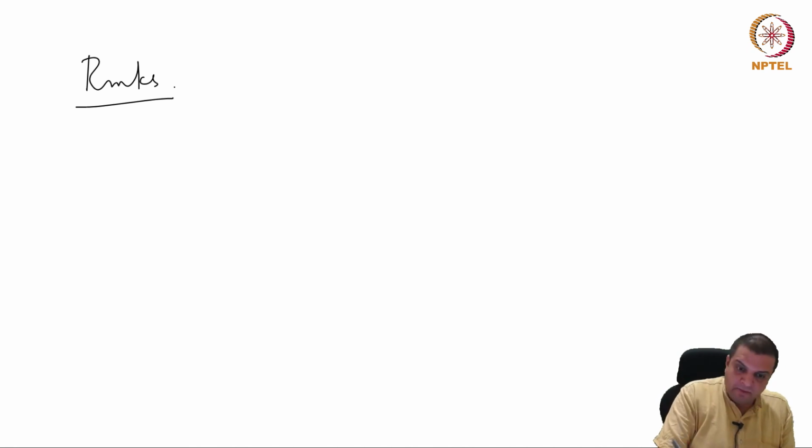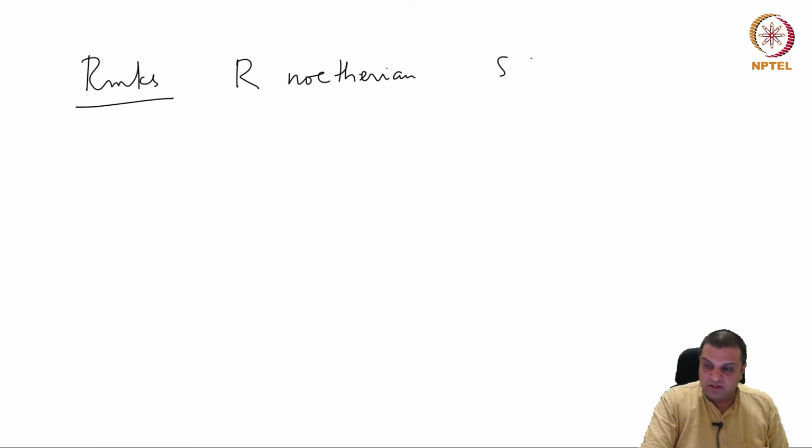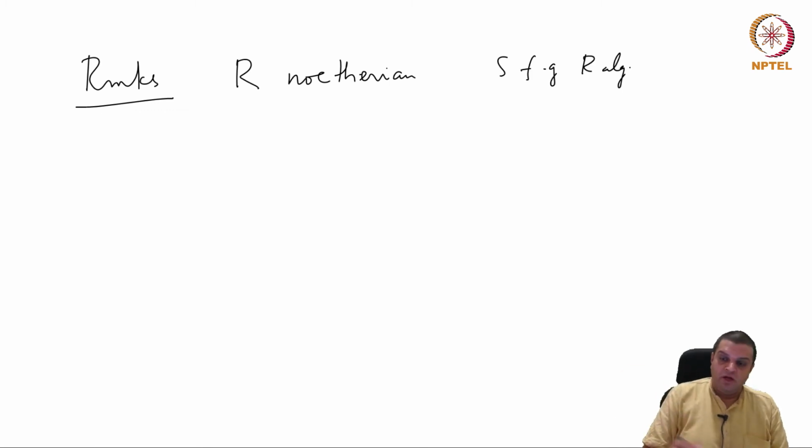So general remarks. Okay. So we know that R is Noetherian, so this is the hypothesis. S is a finitely generated R algebra. Okay. We want to show that S is Noetherian.